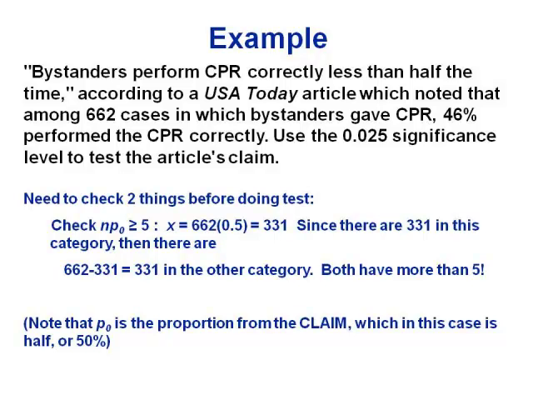So we're claiming that it's less than half, so I need to do my calculation with the 0.5. All right, so we've got 662 cases. If we were correct and the population proportion was actually half, that would put 331 in each category. That's definitely more than 5, so we're fine.